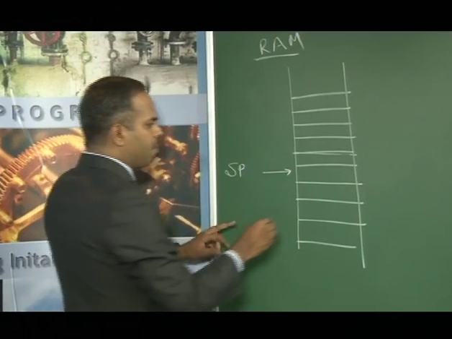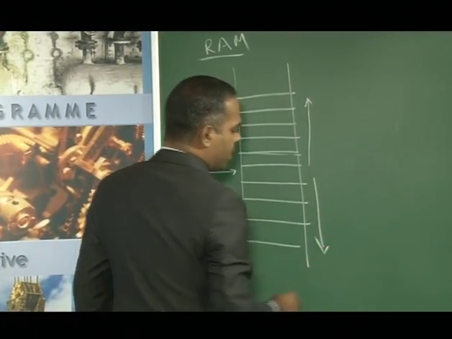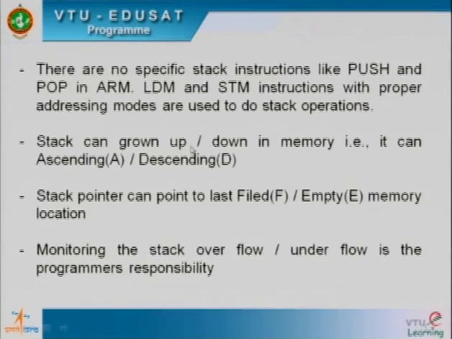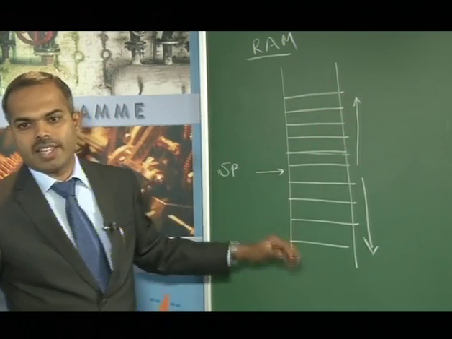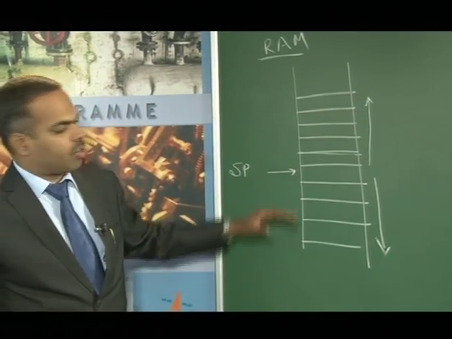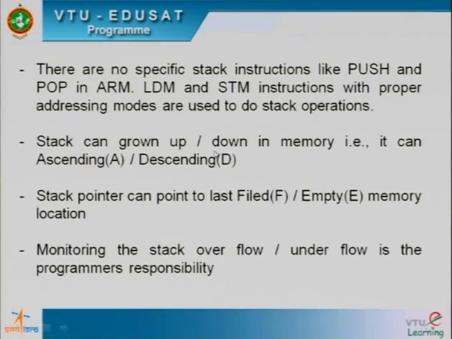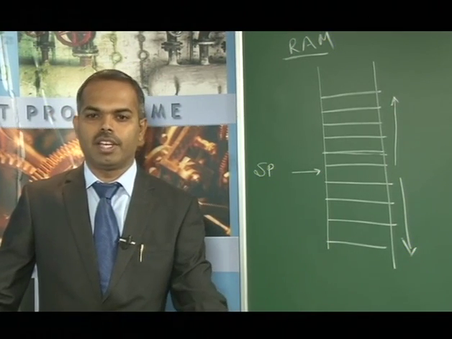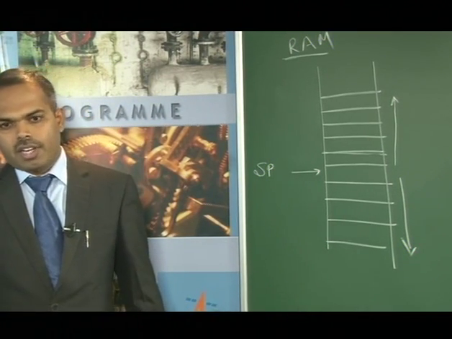Now you can make the stack pointer go up or go down. That's where the second point says the stack can grow up, that is ascending, or the stack can also be descending, that is grow down. Unlike in many processors where the stack always grows up.